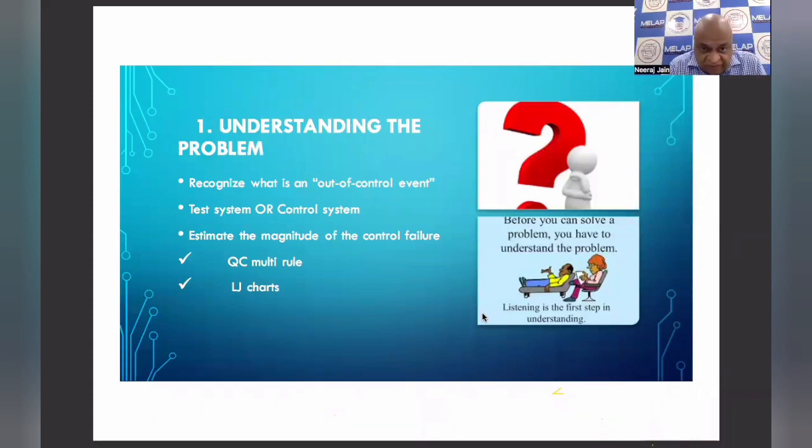First, you are identifying this is an out of control situation, and examine this Levy-Jennings chart. Whatever rules you want to apply, apply those rules, because for taking action on any problem, the first thing is you understand the problem. First thing is there is some problem, and what is the nature of the problem.